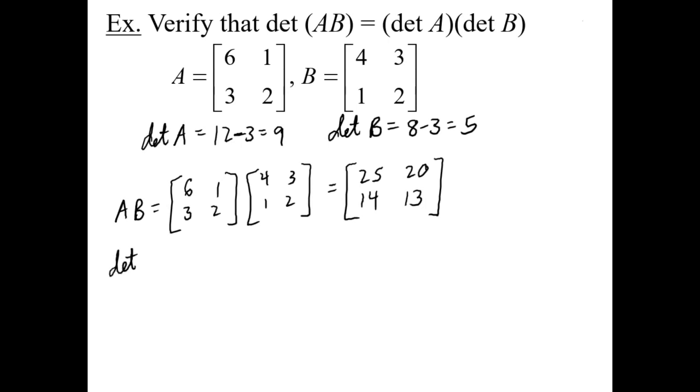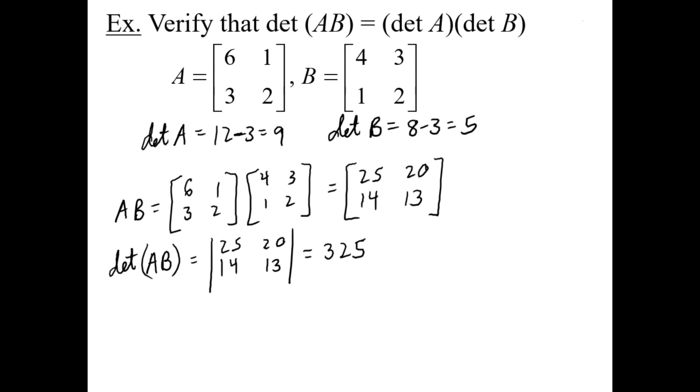The determinant of AB, so the determinant of the result of the product, is going to be 25, 20, 14, and 13. So if I multiply these, I'm going to get, hold on, I can do this, 325, I think.